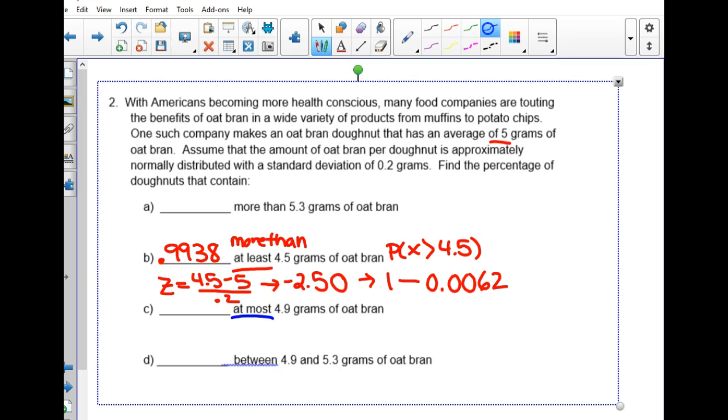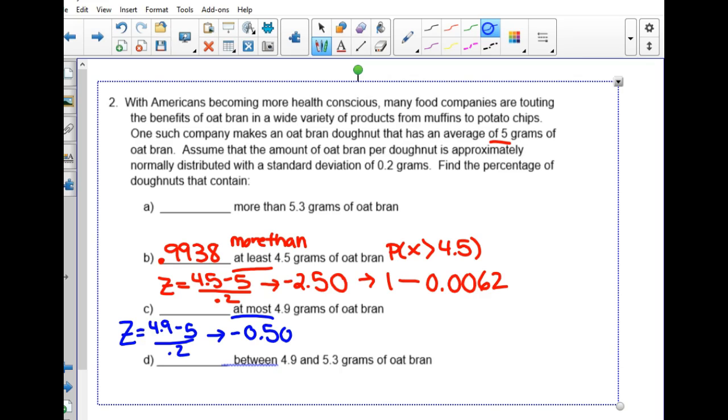Find a z-score first. 4.9 minus 5 divided by 0.2. Take a second to calculate in your calculator. Let's make sure we all get the same thing. I got negative 0.5. Right, so I'm going to write this as negative 0.50. That's my z-score.